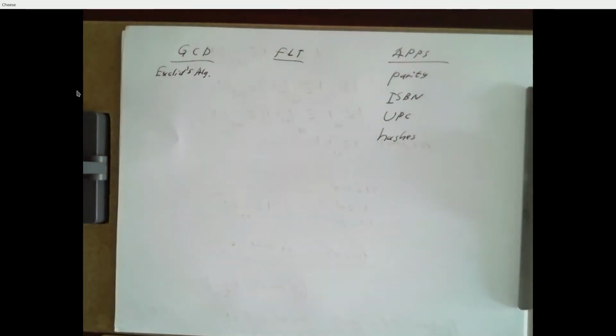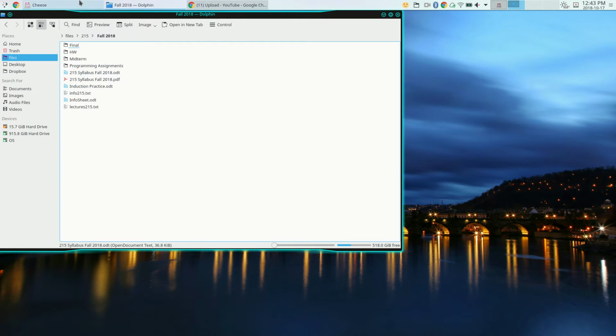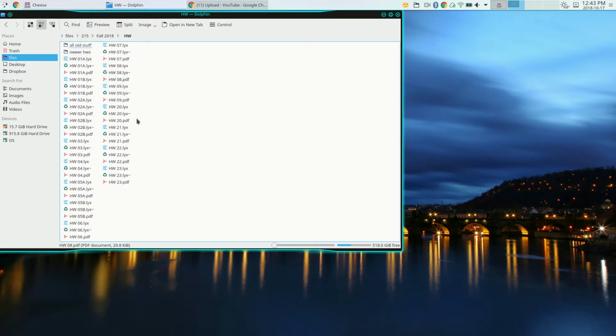And crypto we're going to talk about on Friday. We'll talk about all kinds of cryptography. And Fermat's little theorem we just talked about a little bit. So, let's take a look at some homework.